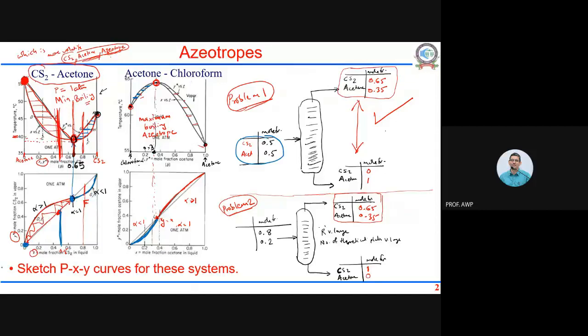Very large column. I wrote very large R and a very large number of theoretical stages.